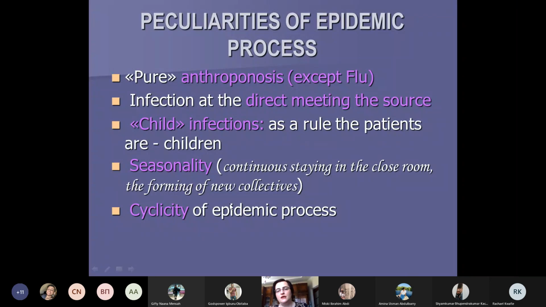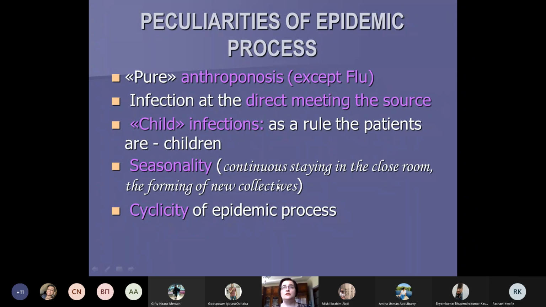Without immunization, measles can have such cycles every 6-10 years. Meningococcal infection can have cyclicity of about 10-30 years. During such a period, the collective immunity decreases, and that's why you can catch the infection from any person.